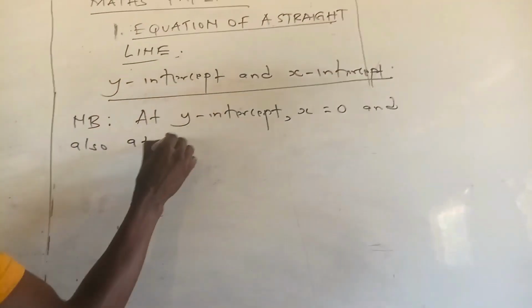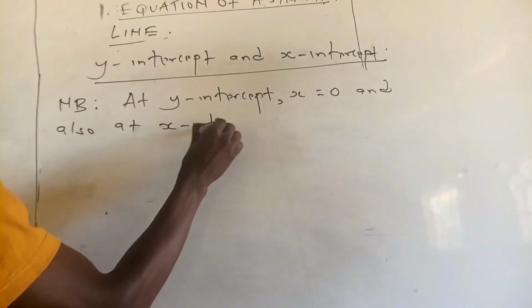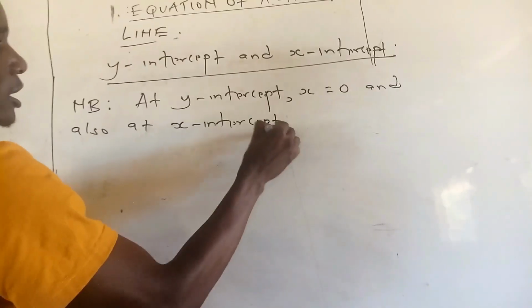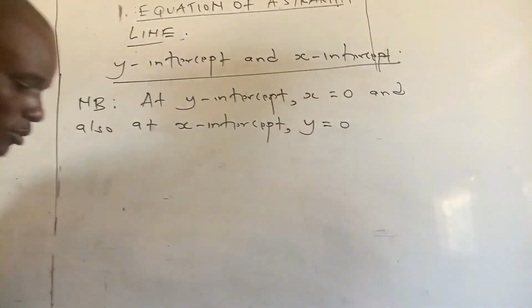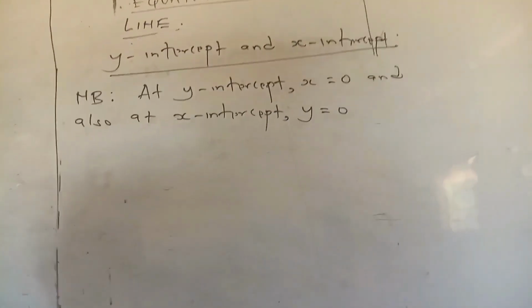at the x-intercept, y is also equal to 0.